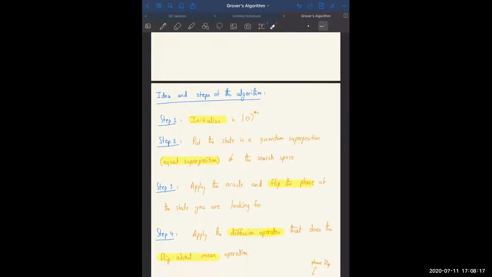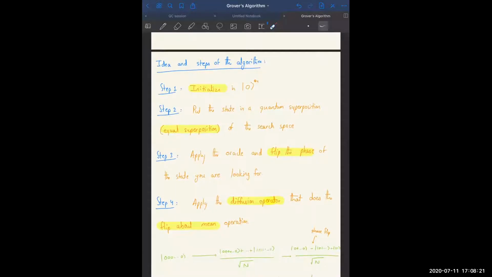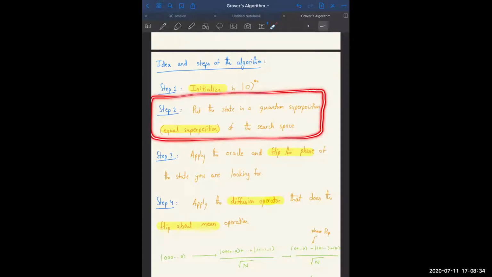Okay, cool. Now let's look at how the complete algorithm works now that we know a few steps in it. First step, obviously, you have to initialize the computer to an all 0 state. And then you put it in an equal superposition of the search space.